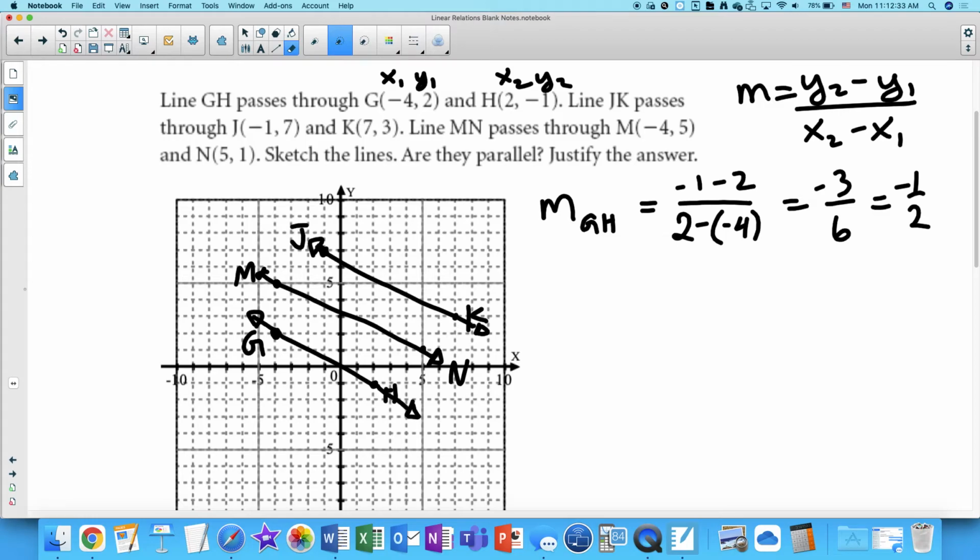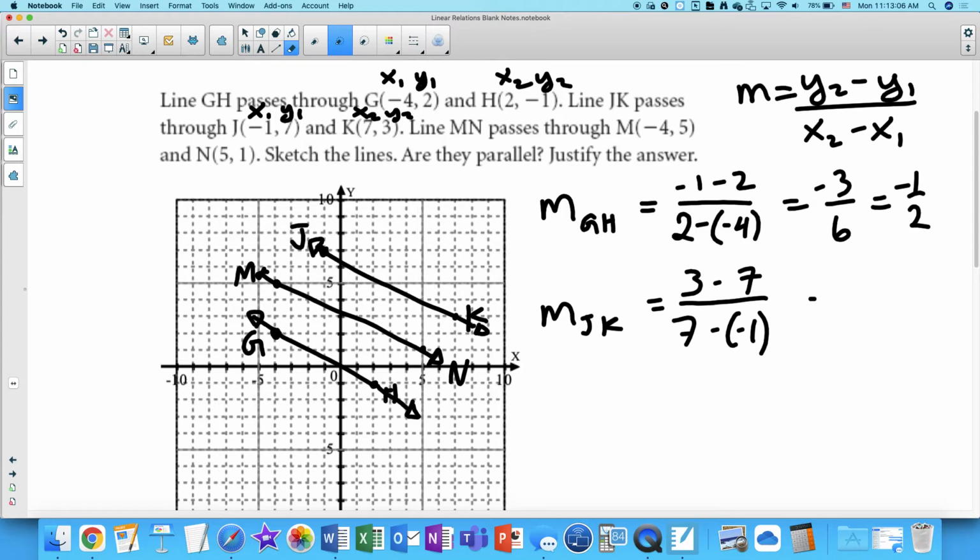Okay? All right, so JK, again, I'm going to do this. X1, Y1, X2, Y2. And then my slope is y2 minus y1, 3 minus 7, over x2 minus x1, 7 minus negative 1.